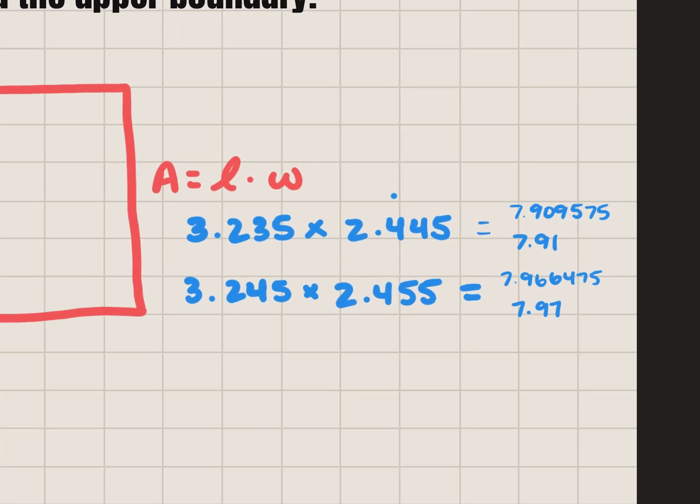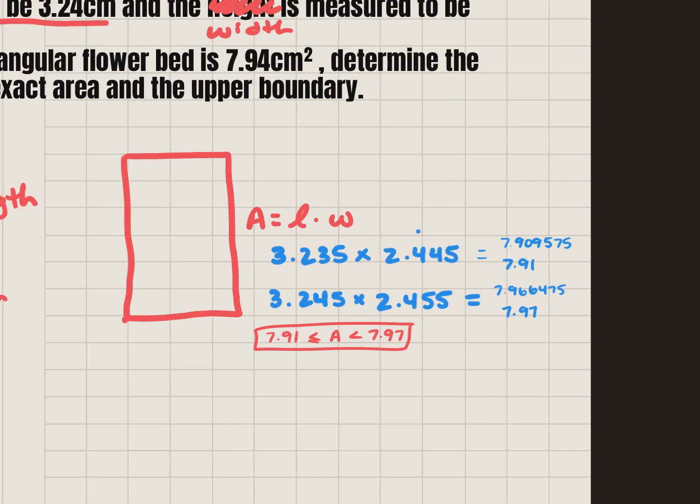Okay? Final answer, though, we want to make sure we write it appropriately. So in the same manner that we've been writing all our upper and lower boundaries, we're going to write these the same way. So 7.91 is less than or equal to area, less than 7.97 as our final answer. Okay, so our true area, our exact area should fall somewhere in that range.